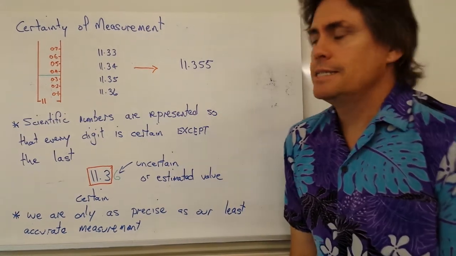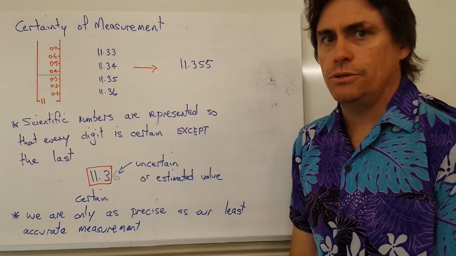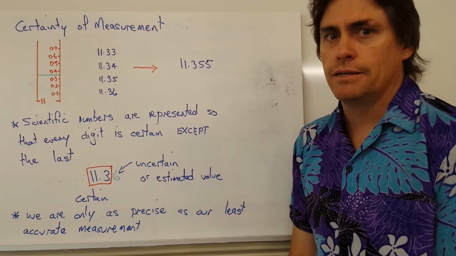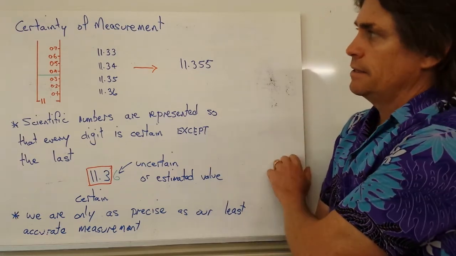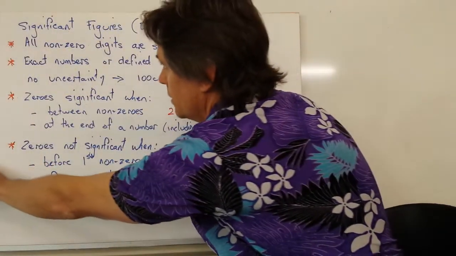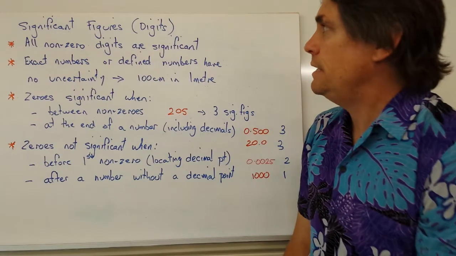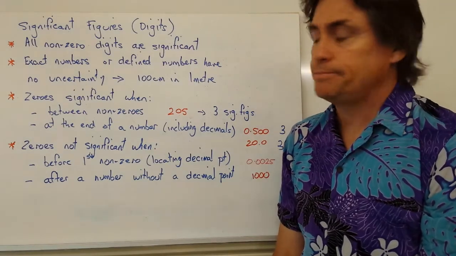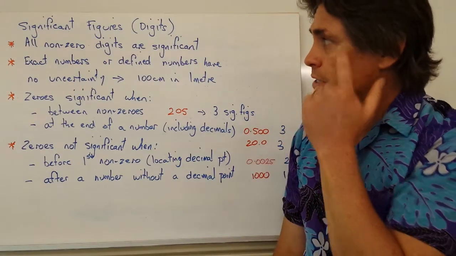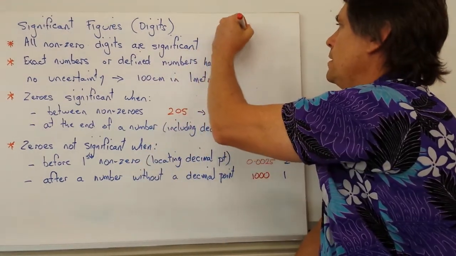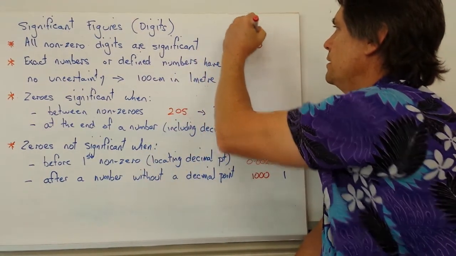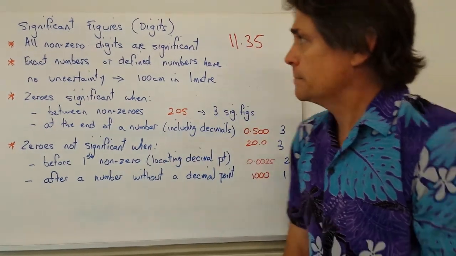So what significance does this have for us when we do calculations and represent answers from those calculations? In order to look at this, we need to have an understanding of significant figures or significant digits. So from our previous measurements, we had 11.35. We'll take it as that.